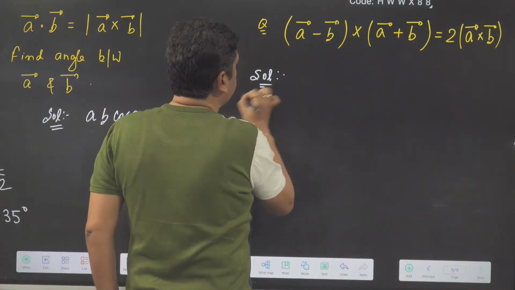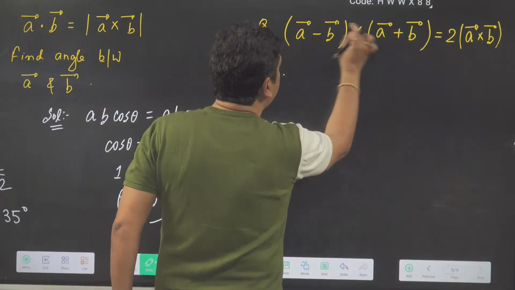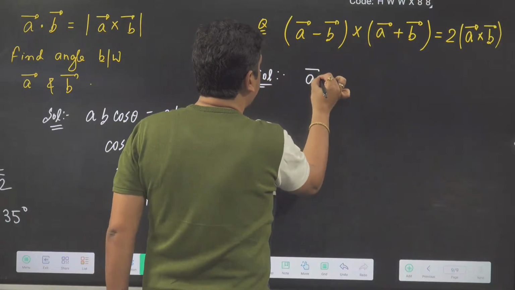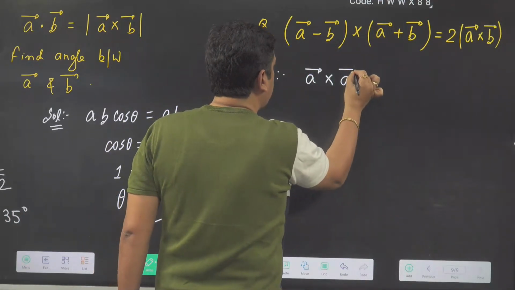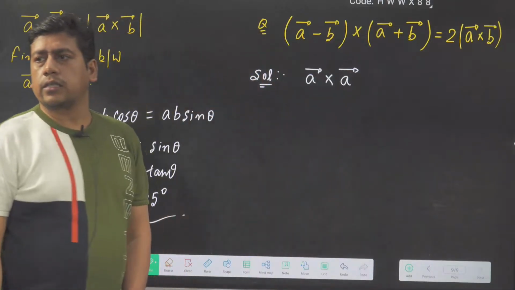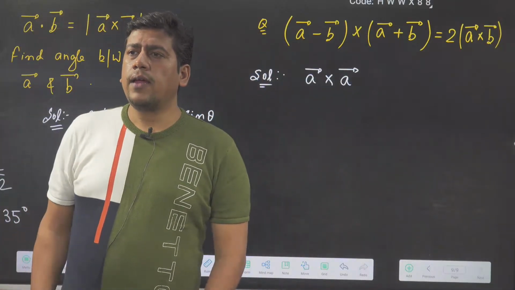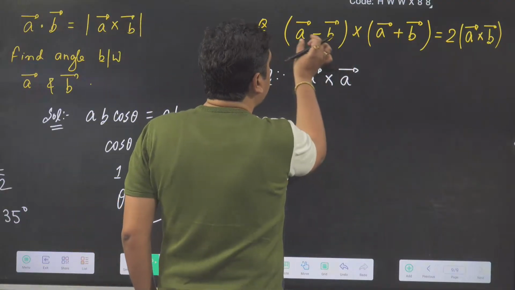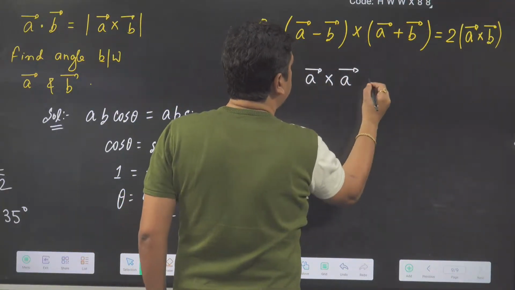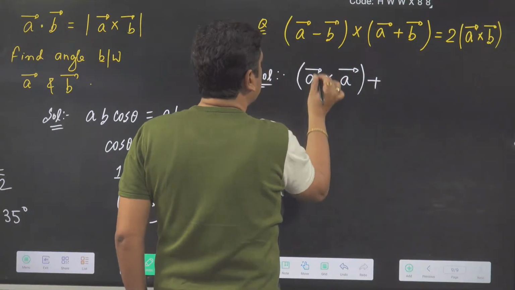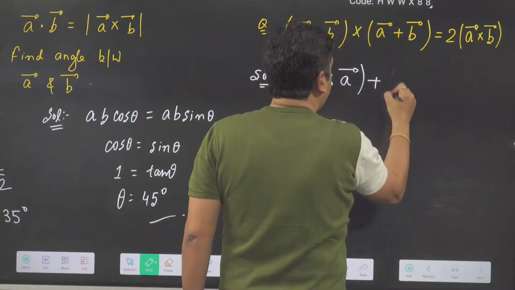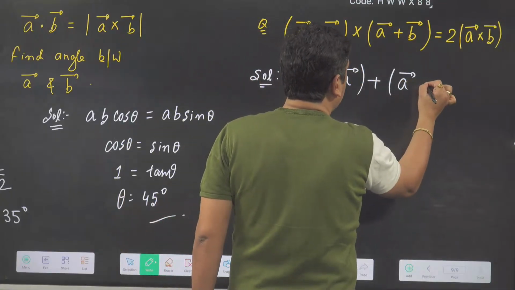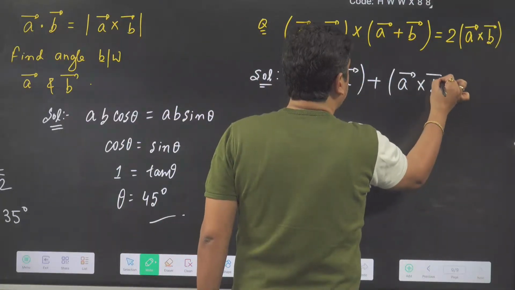See here. First of all, we will multiply A vector and A vector. So what we will write? We will write A cross A. Everyone focus. Okay? Write down A cross A. After that, you will multiply A vector and B vector. So plus A vector cross B vector.